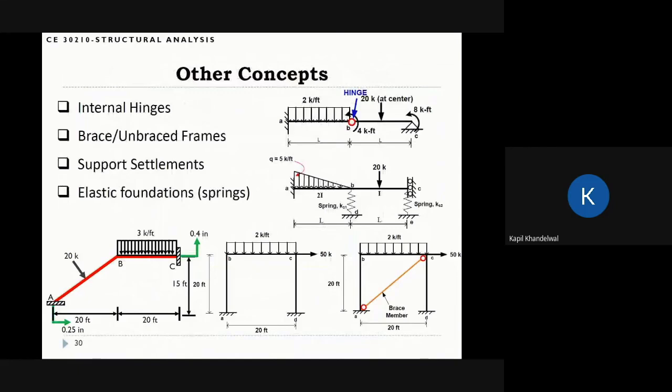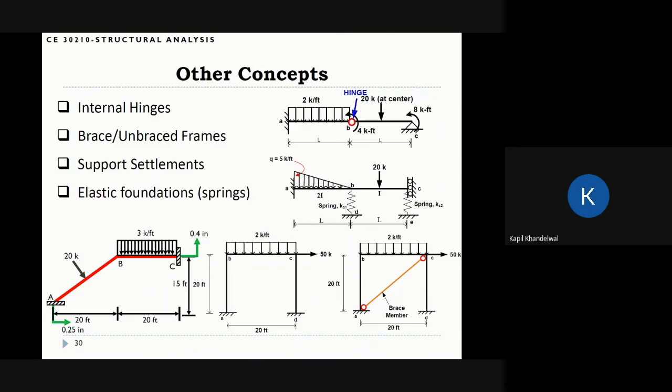Other than that, there are many other extensions, but this is only the extension in the linear case. Once you go into the nonlinear regime, it is endless. You can spend your whole life learning about nonlinear structures, and there are so many things that can be learned and done.